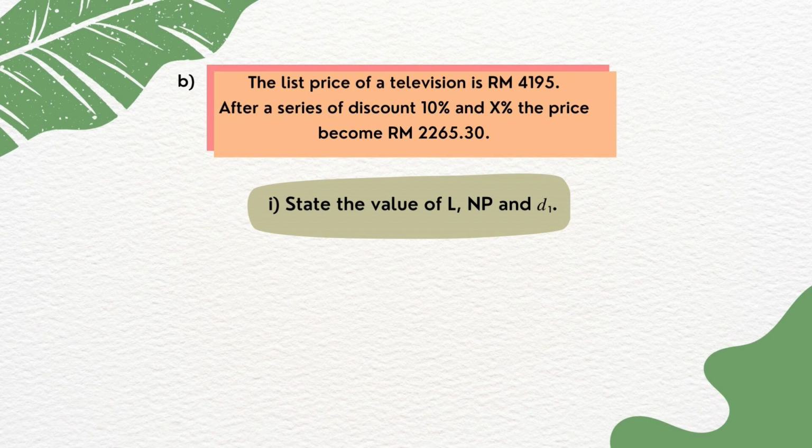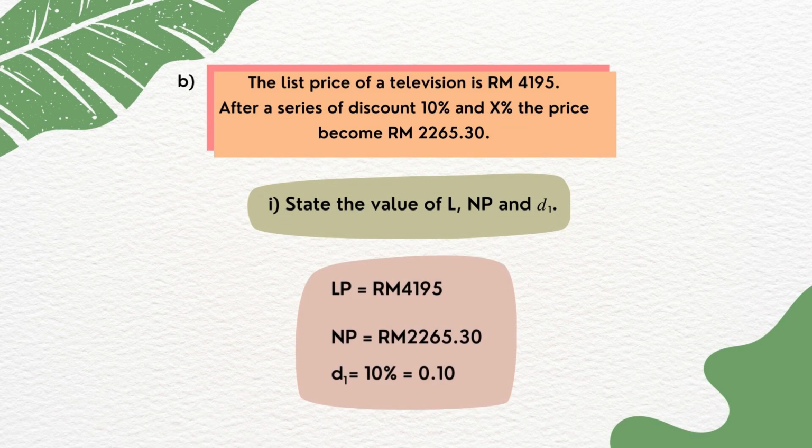LP is list price. So the answer is RM4195. Second, find the NP. NP is net price. The answer is RM2265.30. And lastly, find the trade discount. So 10% is 0.10.